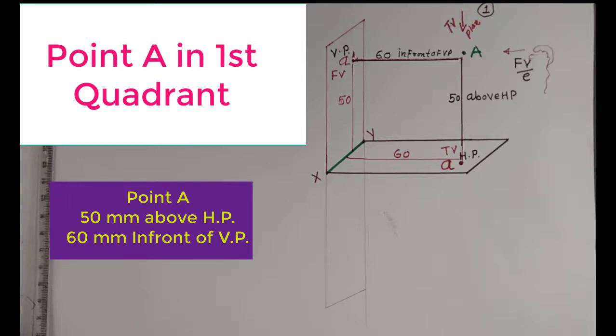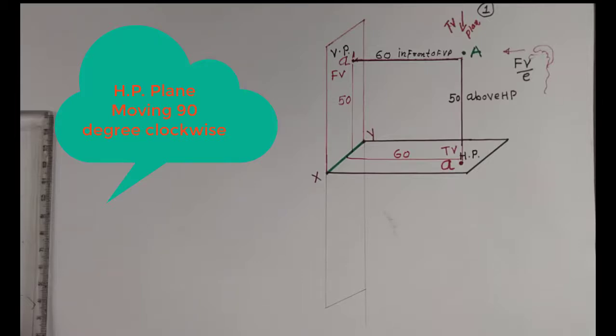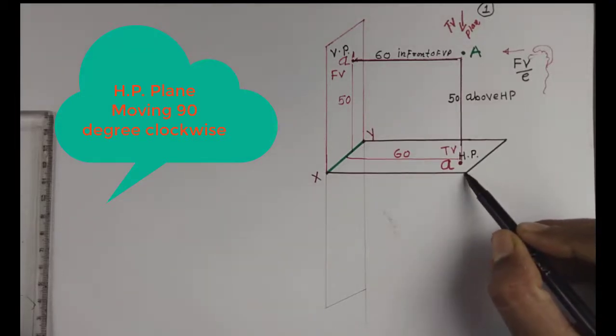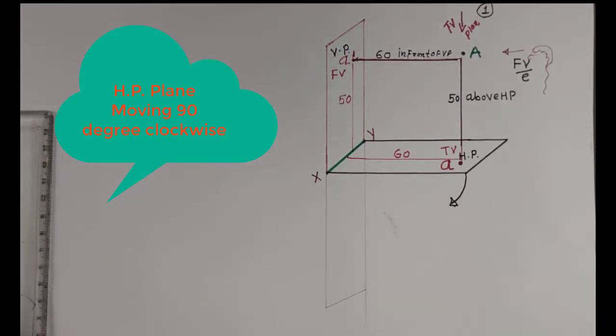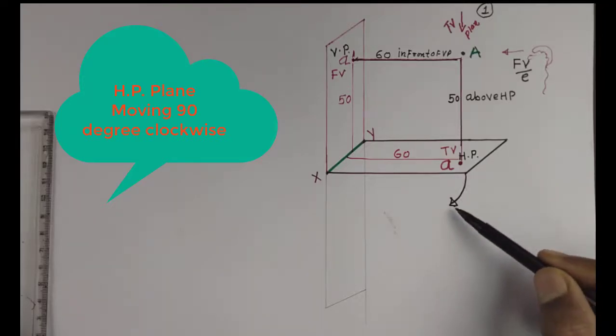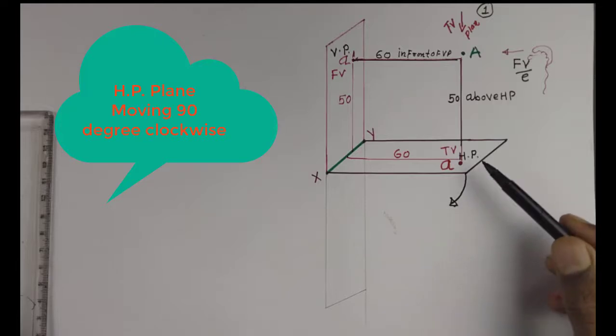Now your HP plane is always moved 90 degrees in the clockwise direction. Why? Because when we represent our projection of points as 2D figures, in two dimensions, we rotate our HP plane 90 degrees in the clockwise direction.